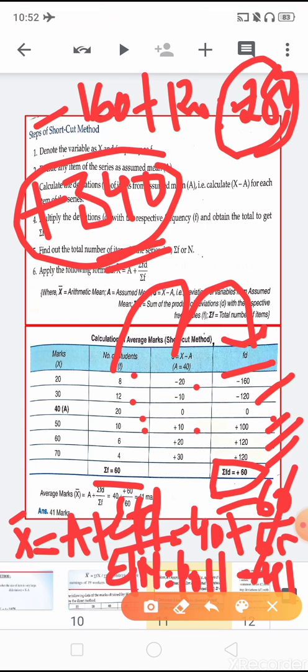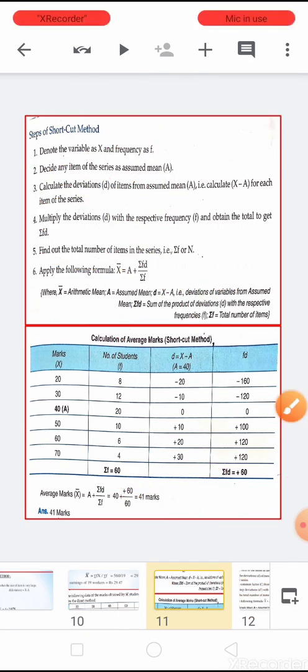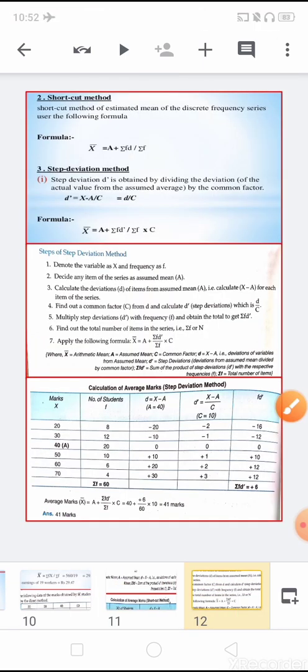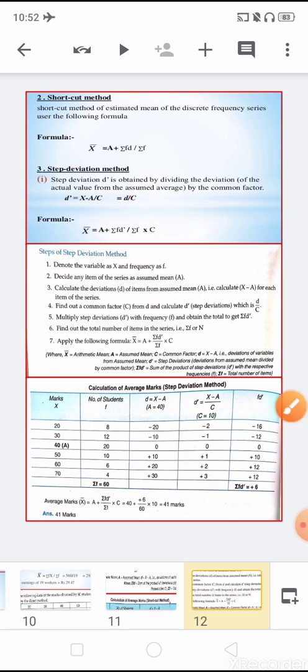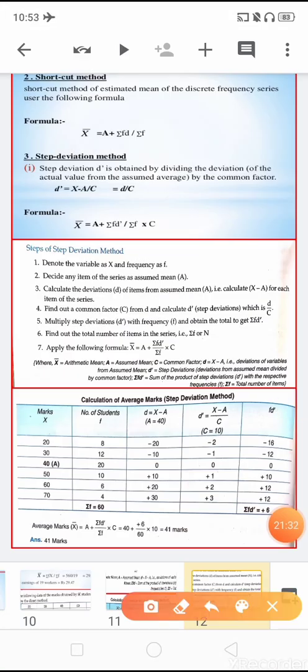Now we are going to learn the final method of calculating the arithmetic mean in the discrete series, that is the step deviation method. Children, in the step deviation method there are again some steps which we need to follow.